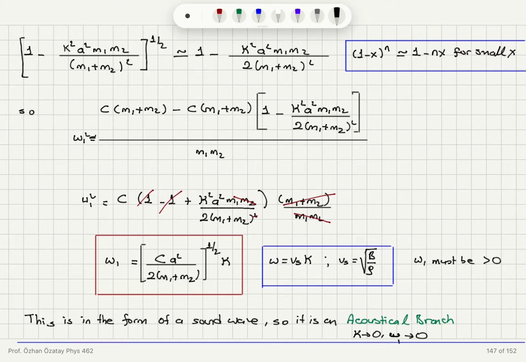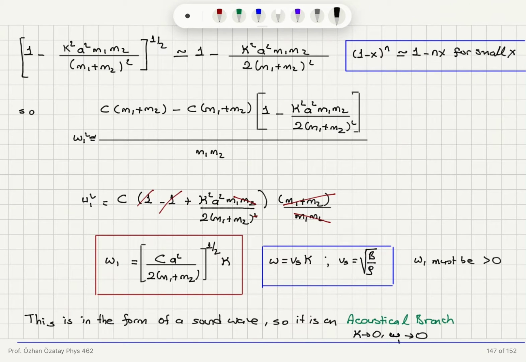And you can see that this is linear with k, and it's in the form omega equals v times k. So this is like the speed of sound, which is the square root of the bulk modulus divided by the density of the medium. So it acts like sound wave behavior, and omega 1 must be positive, so I don't take the negative root.